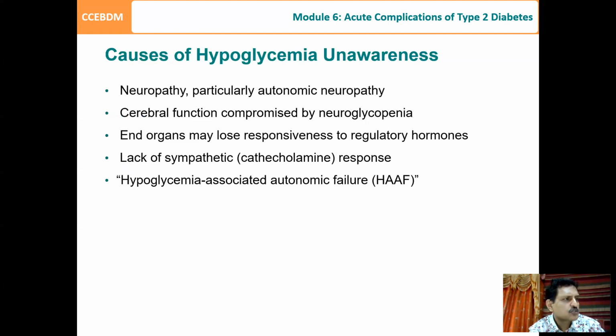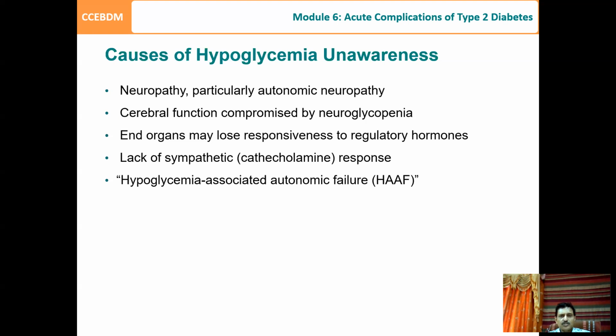The cause of hypoglycemia unawareness is basically long-standing diabetes. If the patient has an autonomic neuropathy, if the end organ responsiveness is low, and if the patient has a lack of sympathetic response, we call it hypoglycemia-associated autonomic failure.